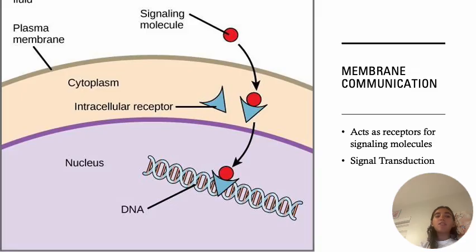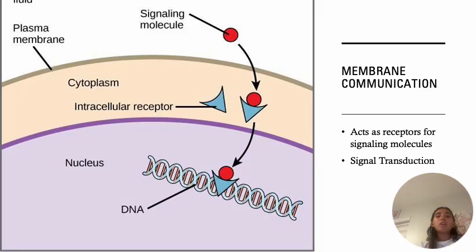This binding often activates signal transduction cascades, which are chains of molecular events that happen within the cell. These cascades regulate vital processes, including cell growth, differentiation, immune response, etc.